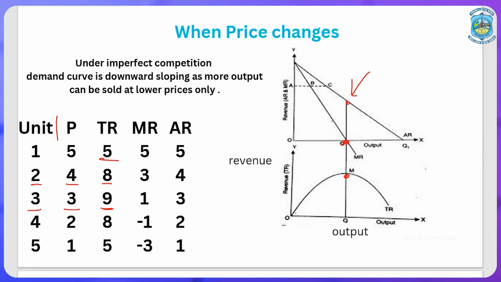If we sell the output beyond the third unit of output, the total revenue will start falling, the MR becomes negative and the AR is still falling.